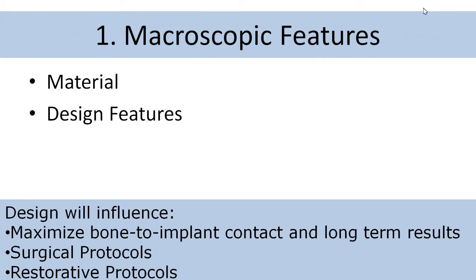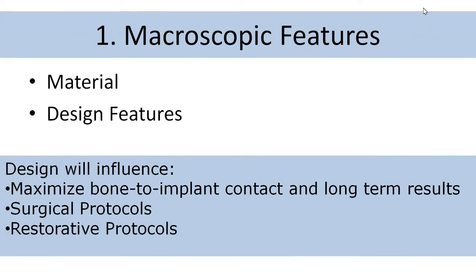So, our design, obviously, we've said before, has to somehow promote or be conducive to encouraging the maximum bone to implant contact area. Now, sometimes this is done with things like increasing the diameter of an implant, but of course, when you think about it, threads in themselves will increase the surface area.